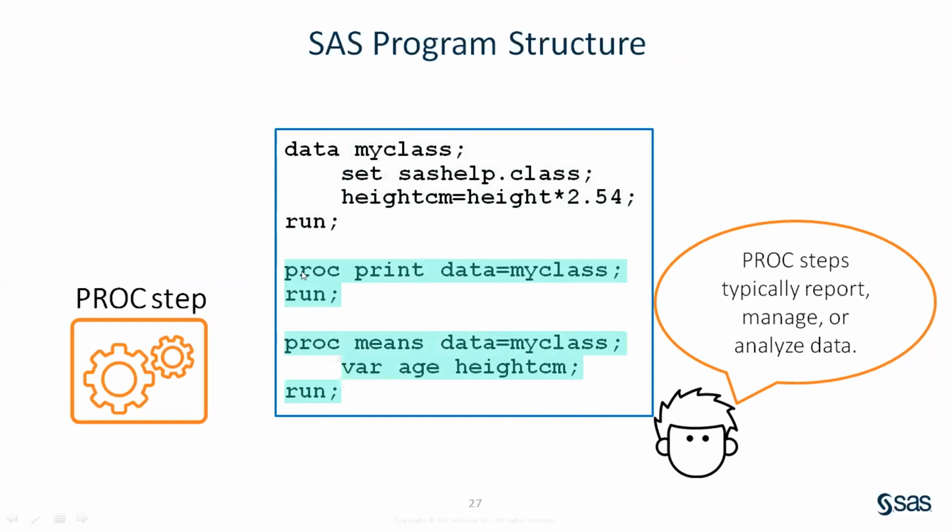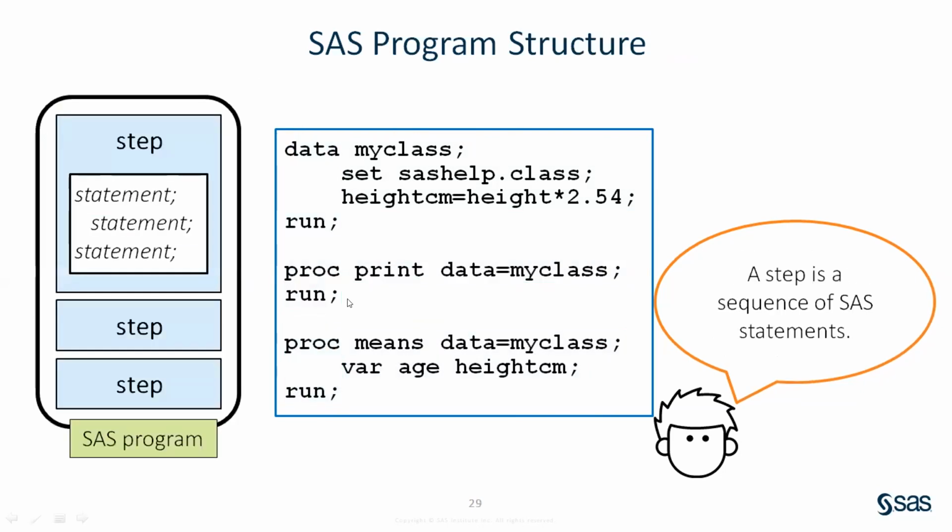A proc step is the same: it begins with the keyword proc and ends with run. Wherever run appears, it indicates the end of your step. Every step, whether data or proc, consists of statements, and each ends with a semicolon.